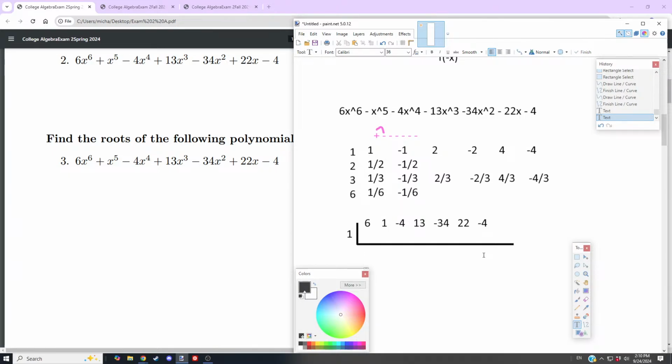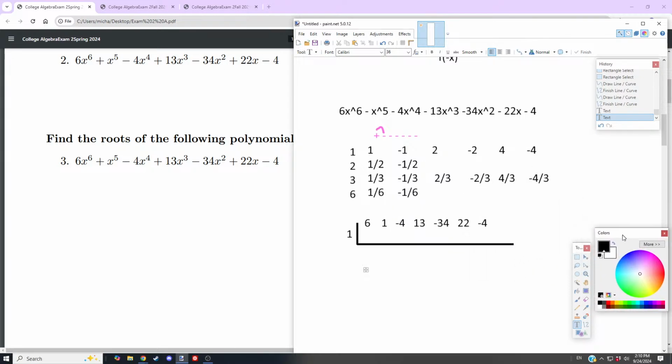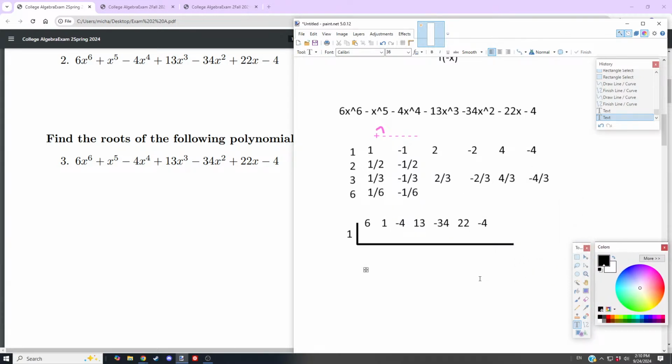So, with synthetic division, the way that it works is I'm going to pull this number down, 6, and then I'm going to multiply it by the number over here, which is the 1. 6 times 1 is 6.